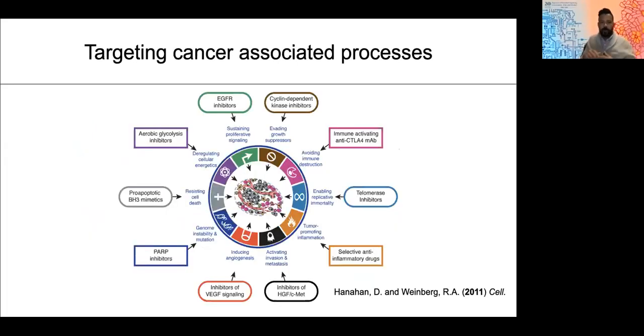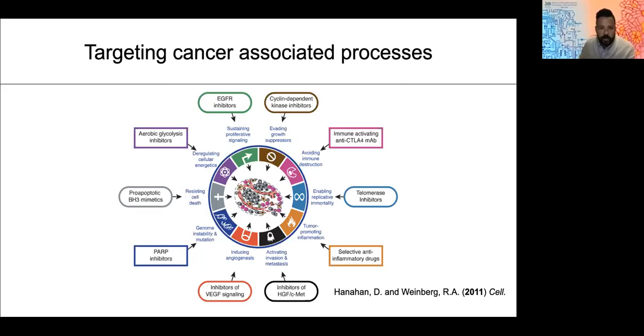Now, there are many putative sources of this heterogeneity in response to therapy, and a lot of it has to do with how cancer cells acquire the characteristics that allow them to undergo that malignant transformation. So these can be enacted via mutation of different genes. For example, here I'm showing you the hallmarks of cancer, and we have all these processes that can change during malignant transformation.